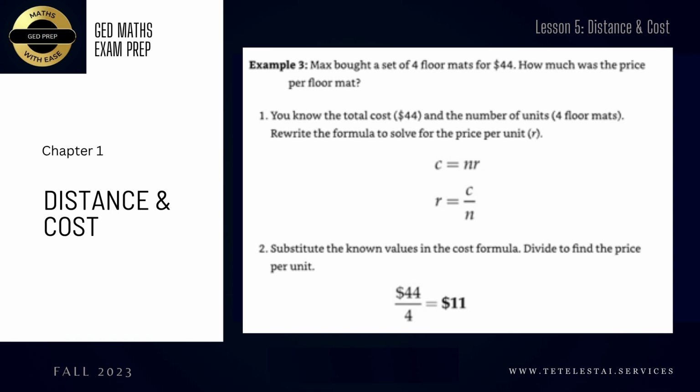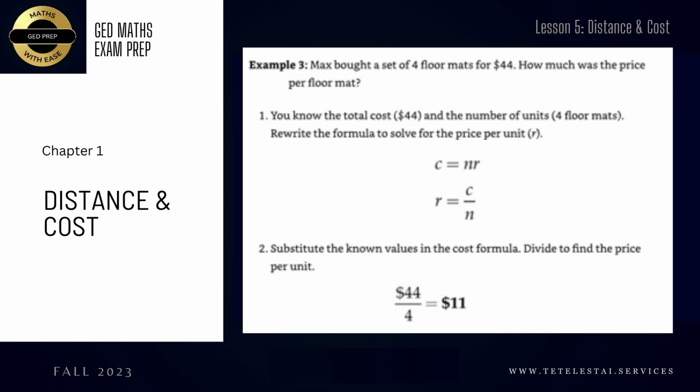Whenever you do your operational changes to isolate the variable you're looking for, you'll always have it on the left side. In this case, we're looking for the price per unit, R, right? And so that's going to be on the left-hand side.